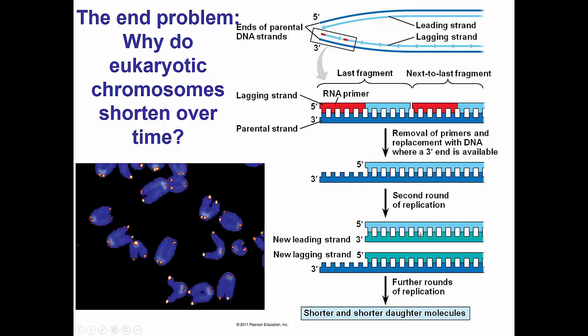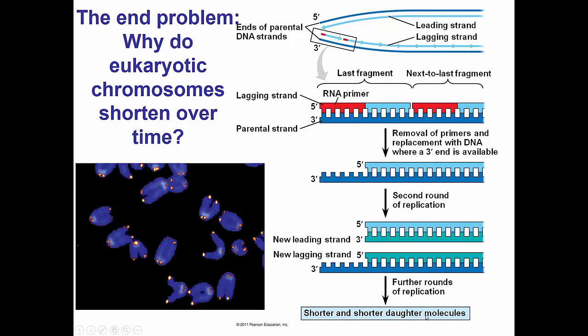So now let's consider that we go through a second round of replication. These two strands are going to separate, and now they're your old strands, so shown here in dark blue and in light blue. So now this strand actually made a shorter chromosome. And as this goes on, essentially you get shorter and shorter DNA molecules over time.